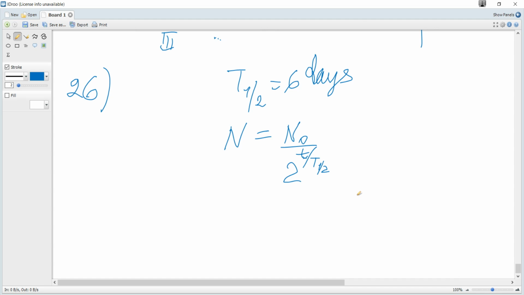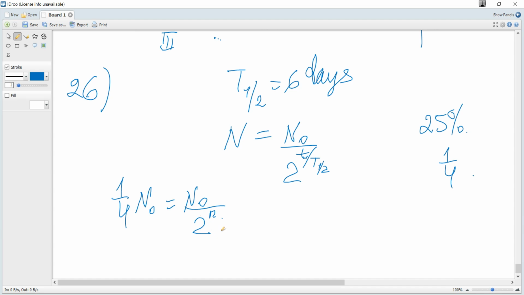We need 75% to decay. 75% decayed means 25% remaining, or 1/4 remaining, so it's n0 divided by 2 to the power of the number of half-lives.